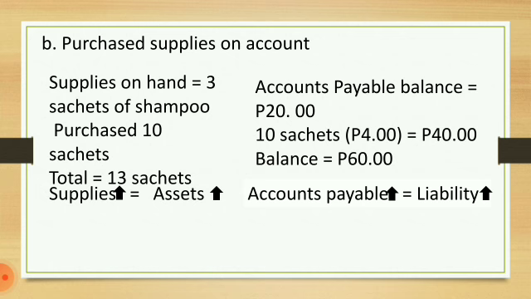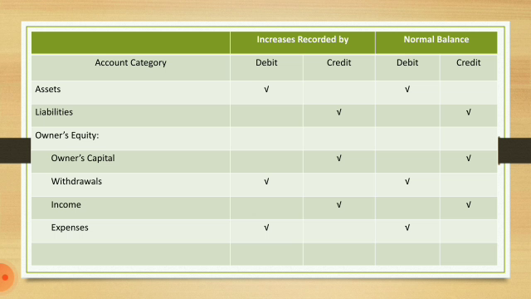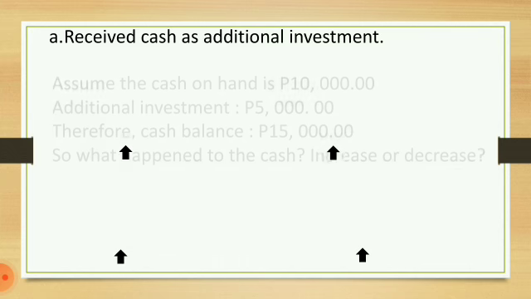Now, let's have a quick recap. Going back, in this slide, when you increase your liability, where are you going to write it? Is it in the debit or in the credit? So it is recorded in the credit side.